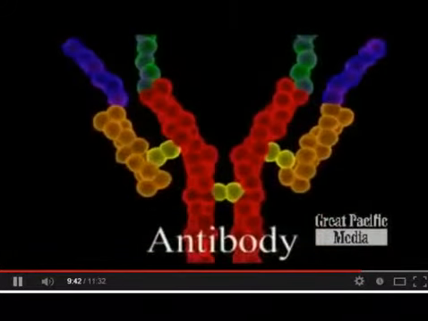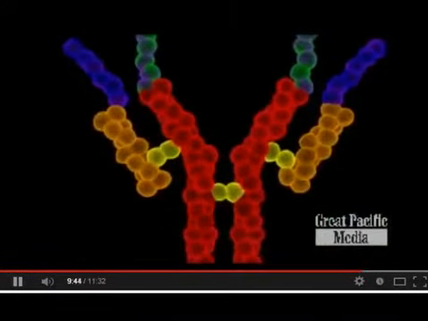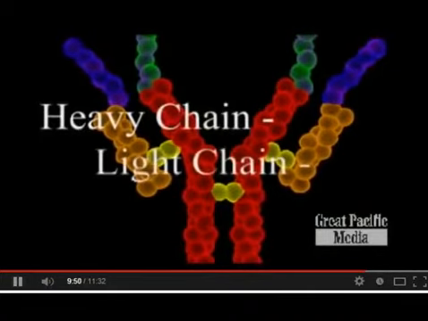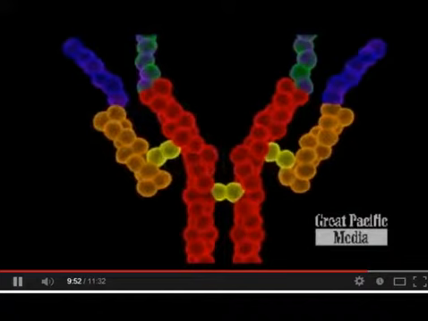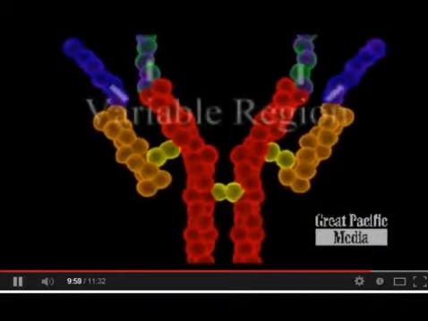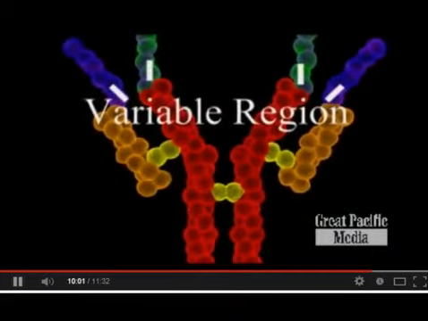Antibodies are Y-shaped molecules composed of 4 peptide chains, 1 large, heavy chain, and 1 small, light chain on each side of the Y. Both heavy and light chains consist of a constant region that is similar in all antibodies of the same class, and a variable region that differs among antibodies.